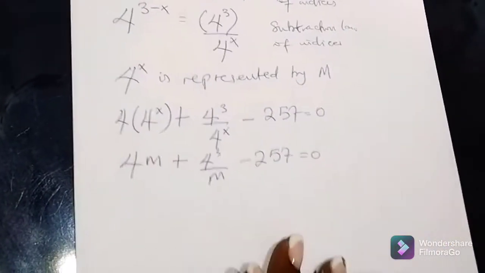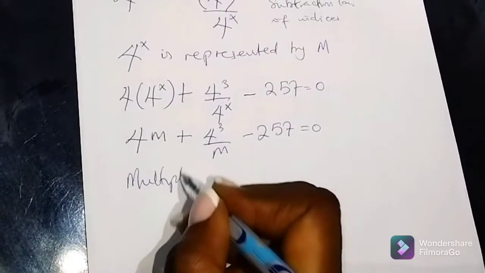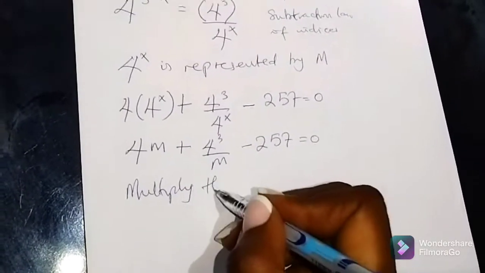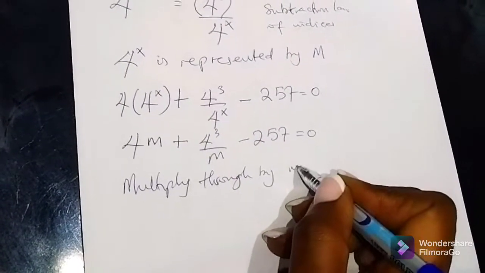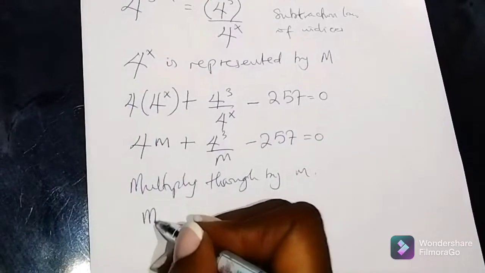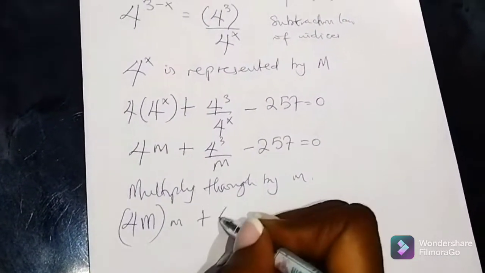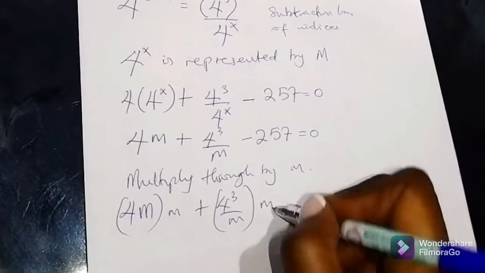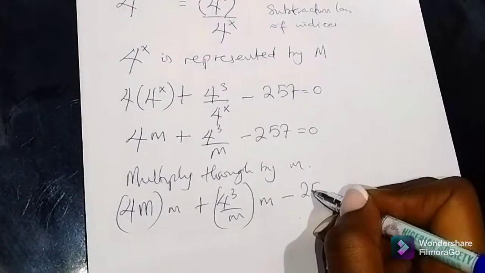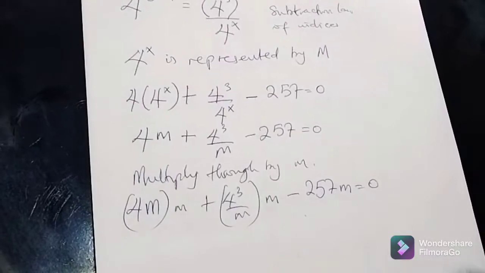Going forward, we multiply through this equation by m. That gives us 4m times m plus 4 raised to the power 3 over m times m minus 257 times m.